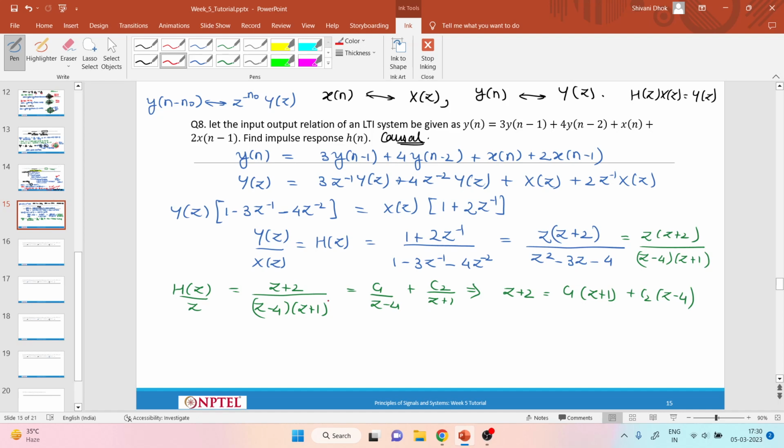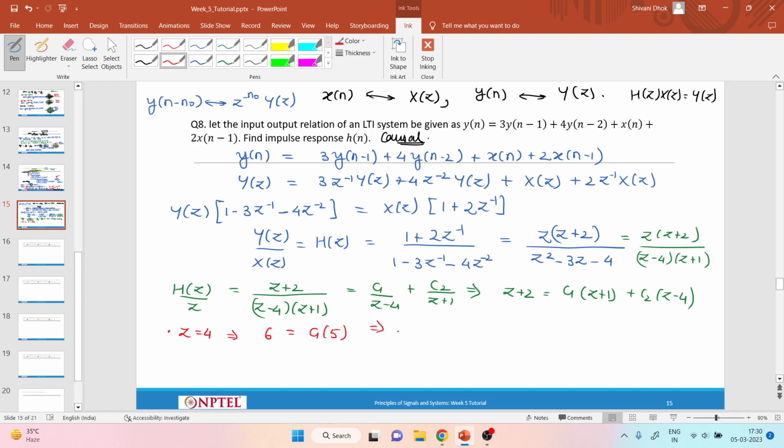So for finding c1, let us substitute z equal to 4. So if I have z equal to 4, then my right hand side becomes 4 plus 2, that is 6, which is equal to c1 into 5, and this term goes to 0.